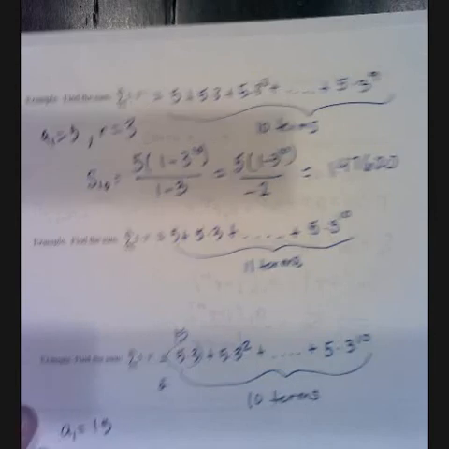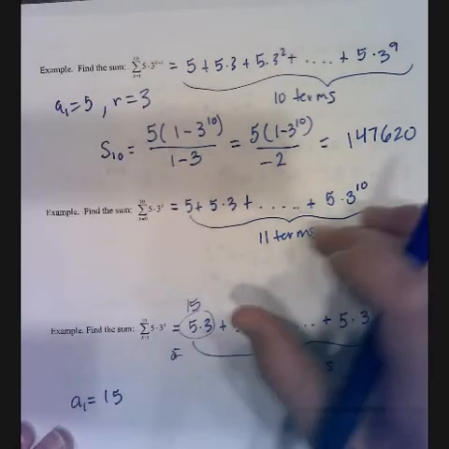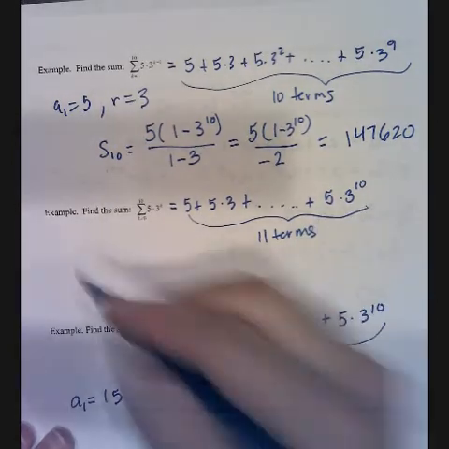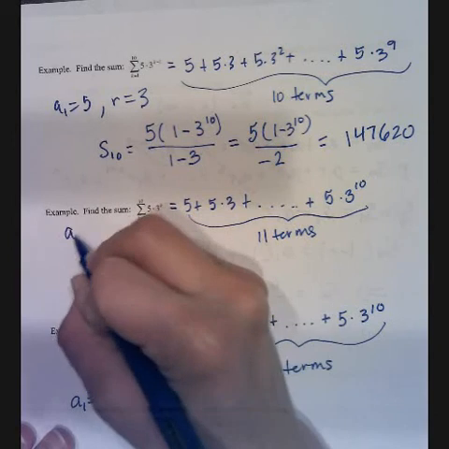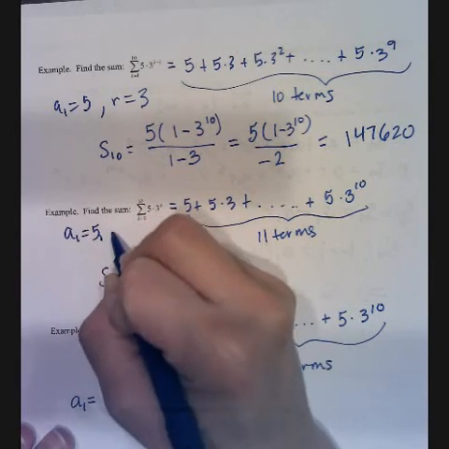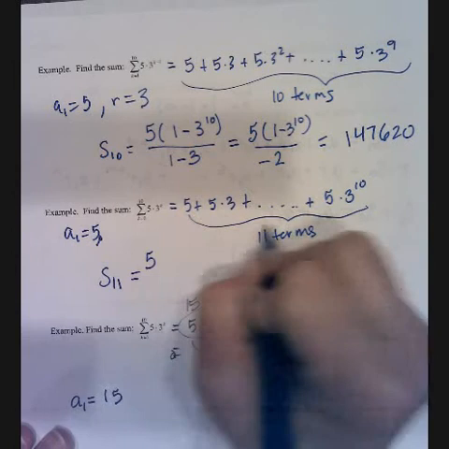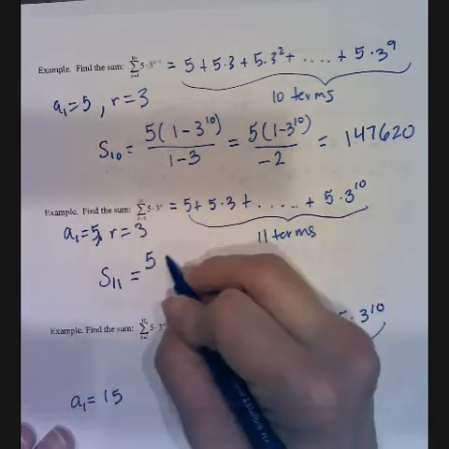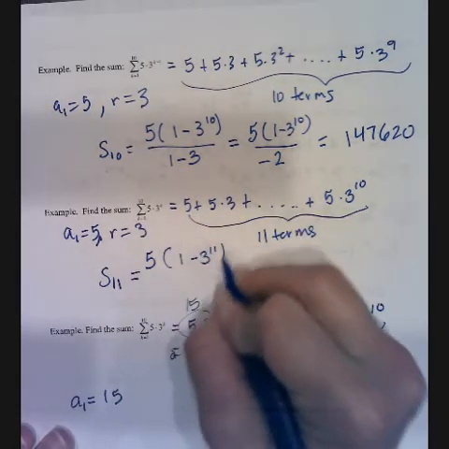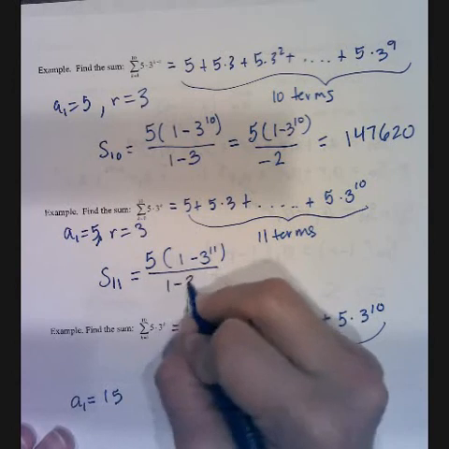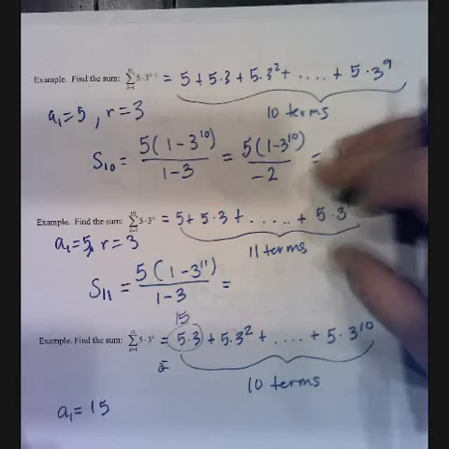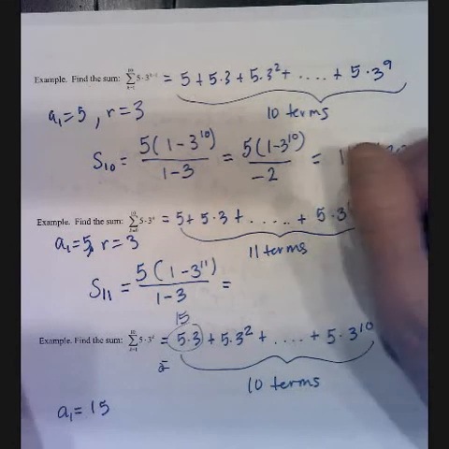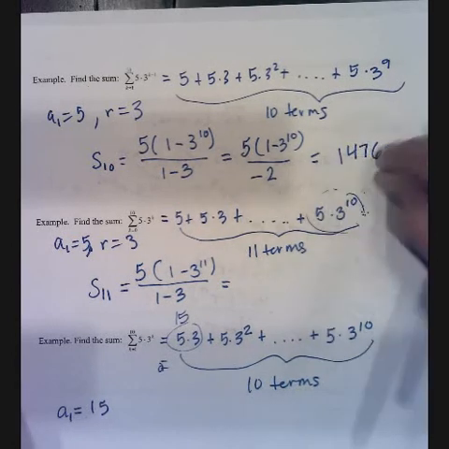And then in this one, we're actually finding S sub 11 because there's 11 terms. We still start with A sub 1 as 5, and R is still 3. So 5 times 1 minus 3 to the 11th over 1 minus 3. So this time, we can see the difference between these would just be this last term. You're adding this extra term. So what I want to do is compare and think about that.